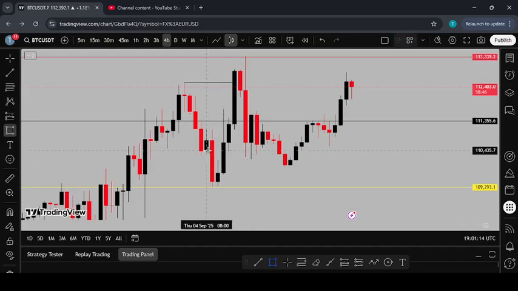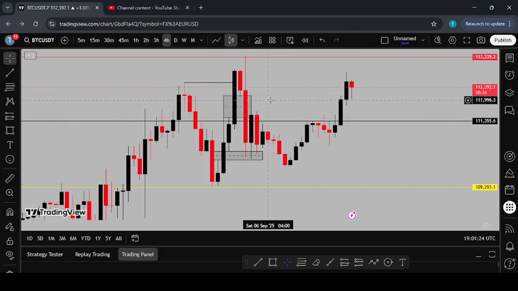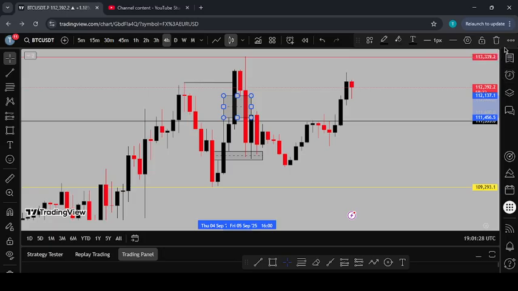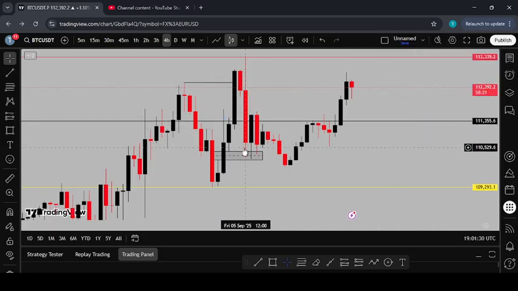If you mark that, a little imbalance here resting on the discount region, and we also have an imbalance here, but this one is resting at the premium region. I want to catch buys, so we don't really care about this one, right? We'll be interested in this tiny imbalance that price created here for a buys and this buy order block that is resting here.